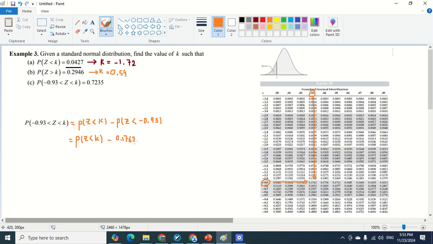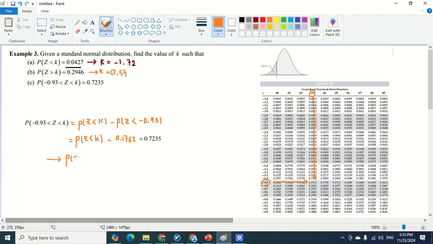So the given value in the question is calculated, and it is equal to 0.7235.